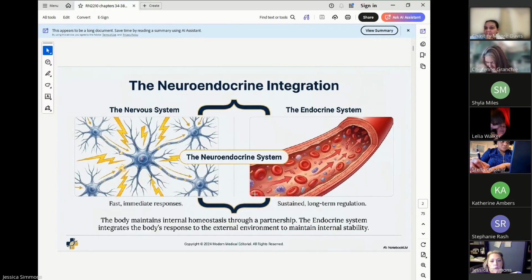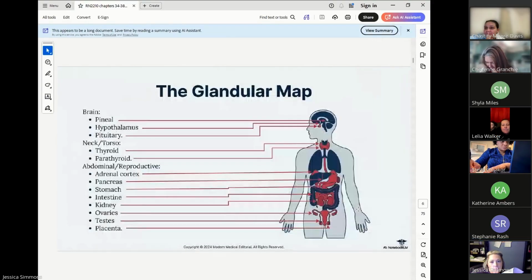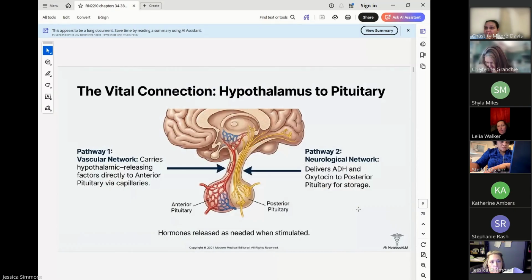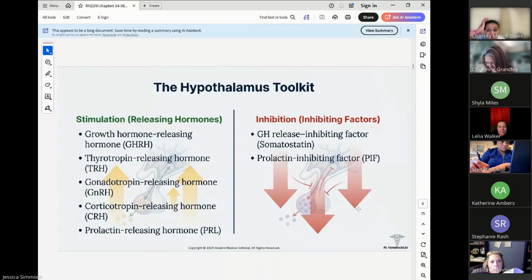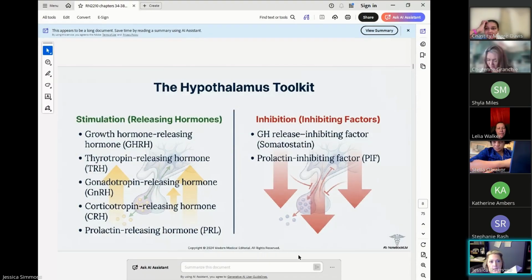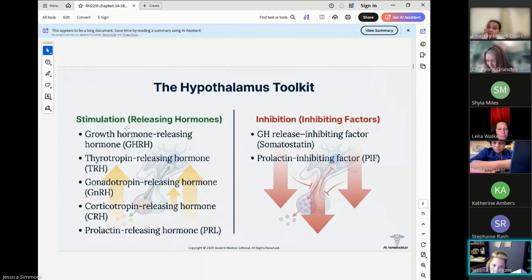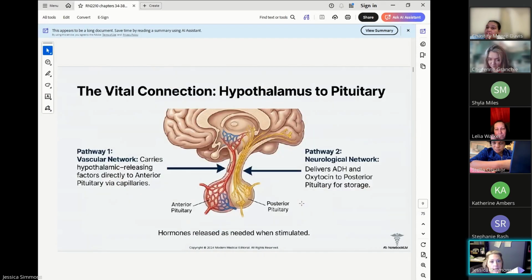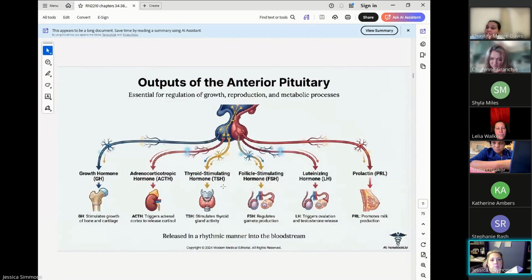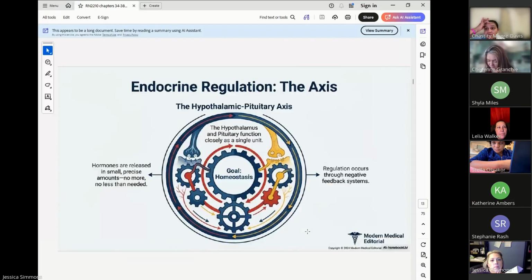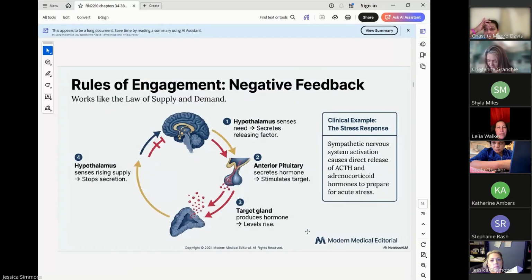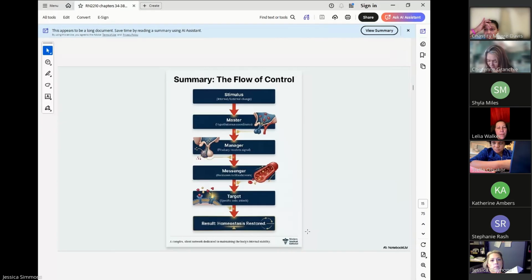Okay. So when we're looking at this, this is a nice side by side between the stimulating hormones in the hypothalamus versus the ones that are stopping things from happening. And this is a good depiction of the negative feedback system.